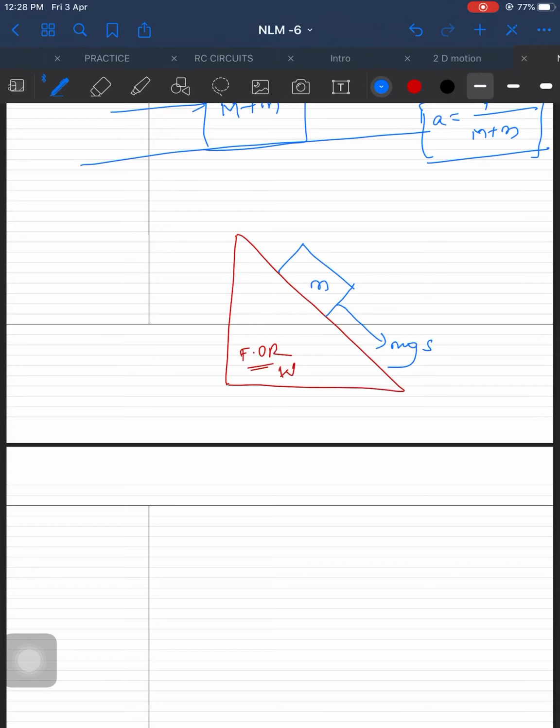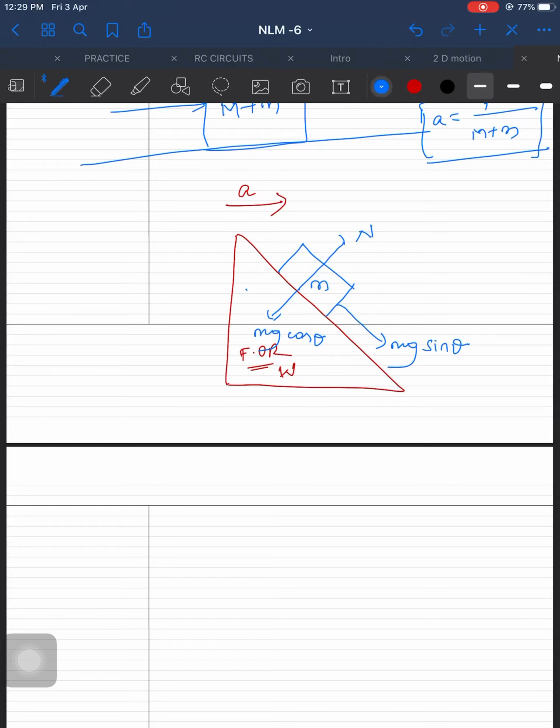On small m, the force is mg sin theta in this direction, mg cos theta, and there is a normal, and what else will be there? Now the wedge is moving with acceleration A in this direction.